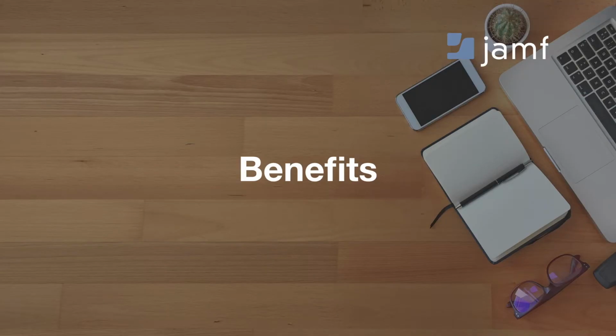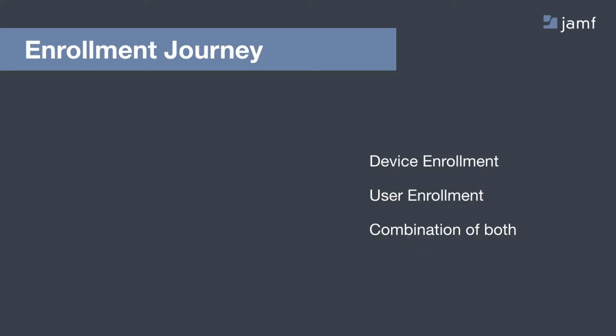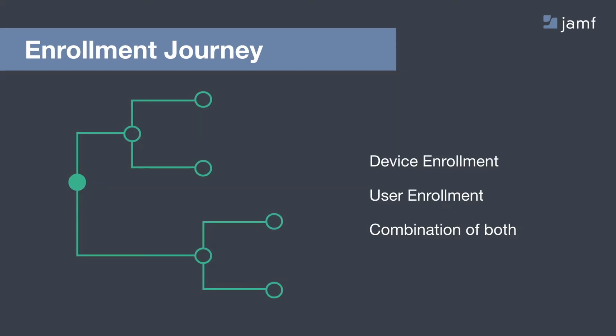So with that, let's talk through how some of these options can impact your organization and things that we can consider. So, enrollment journey. Right? All of our organizations and students, we have different experiences that we want to create. It can be a choose your own adventure sort of world.